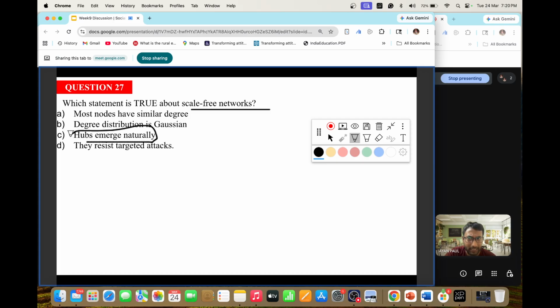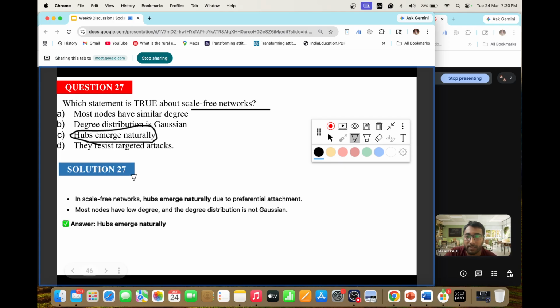Hubs emerge naturally, this is true. They resist targeted attack? They could not resist targeted attack, but they can somewhat resist the random attack. So option C is here the correct answer. In a scale-free network, just naturally due to preferential attachment, most nodes have low degree and the degree distribution is not Gaussian. So hubs emerge naturally. Option C is the correct answer.